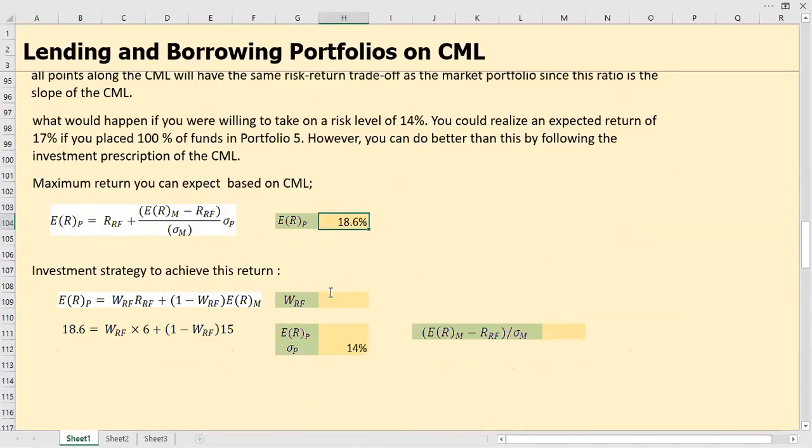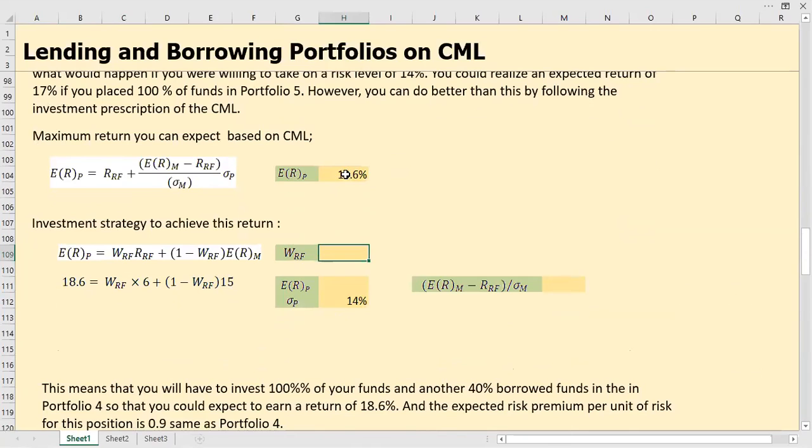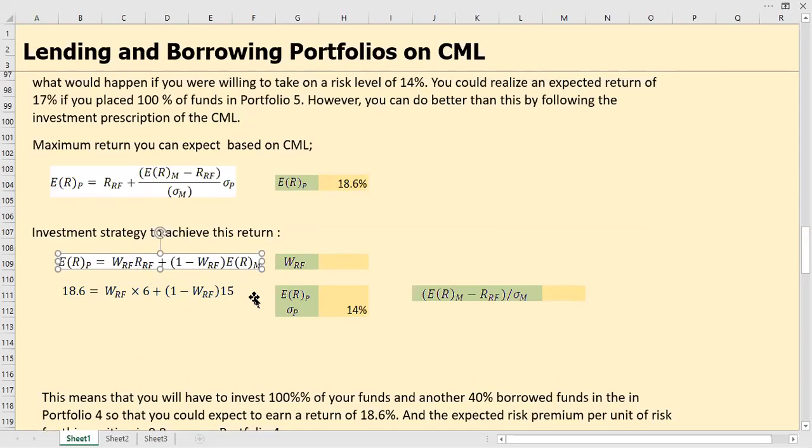So how do you calculate the weights? Again, same way. What I'm going to do is substitute this 18.6 into the same formula. So 18.6 is equal to weight of the risk-free asset multiplied by 6, where 6 is the risk-free rate, plus 1 minus weight of the risk-free asset multiplied by 15, where 15 is the expected return of the market portfolio.